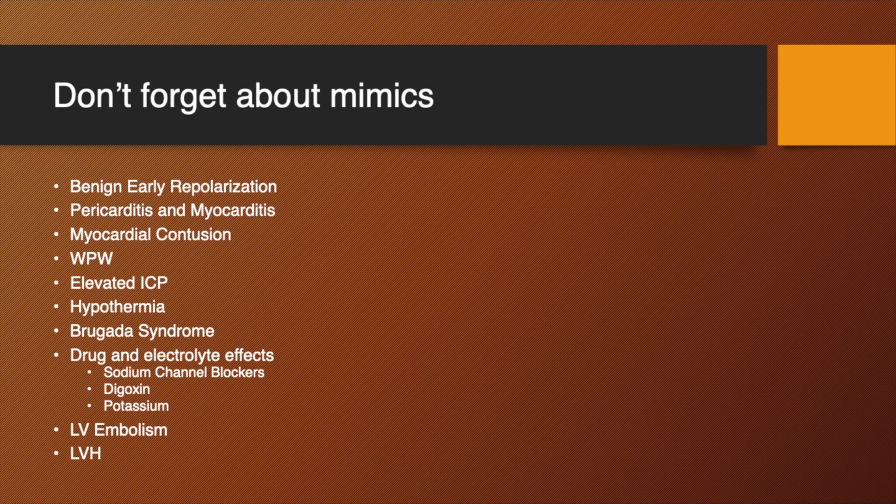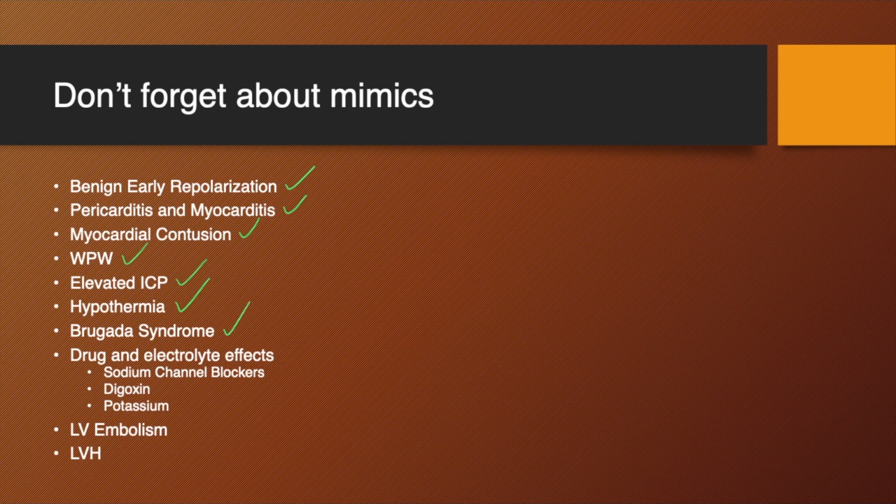Don't forget about mimics. There are many things that can mimic OMI and NOMI. I won't talk about them in detail in this presentation, but just to name a few: benign early repolarization, pericarditis and myocarditis, myocardial contusions, Wolff-Parkinson-White syndrome, elevated intracranial pressure can cause massively inverted deep T waves, hypothermia can cause Osborn waves that impact the ST segment.